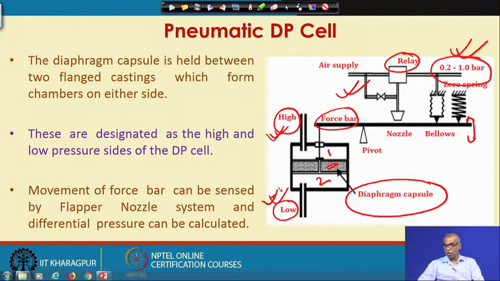Basically, all I am doing is the deflection of these diaphragm capsules is causing a displacement in this force bar, and that displacement is being converted to a pressure signal with the help of a flapper nozzle system. So, this is briefly the working principle of a pneumatic DP cell.